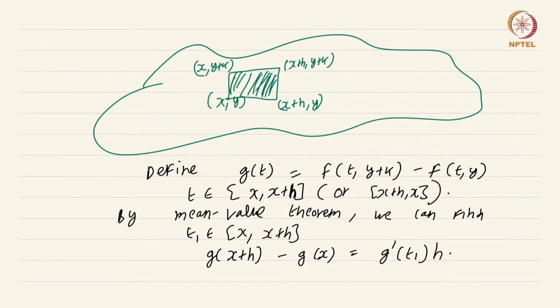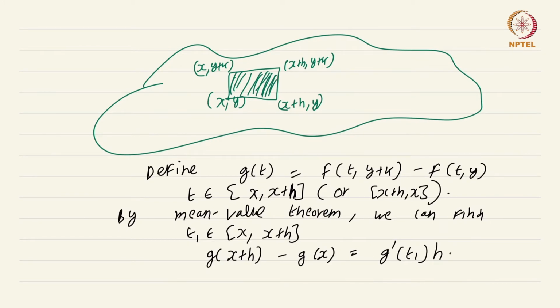We can apply the mean value theorem on this interval simply because we know that the partial derivatives d2 d1 and d1 d2 exist, so both d1 and d2 must exist. I'm not going to talk about continuity. Here for instance only d1 is needed. The existence of d1 is needed, but the existence of d2 will be quickly needed in the next few steps.